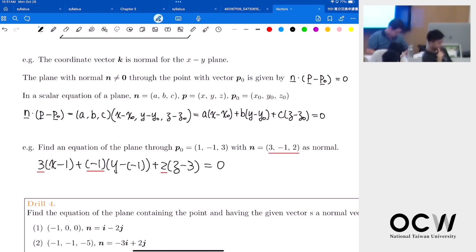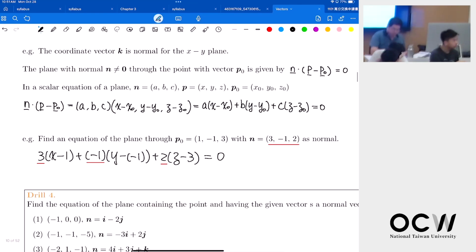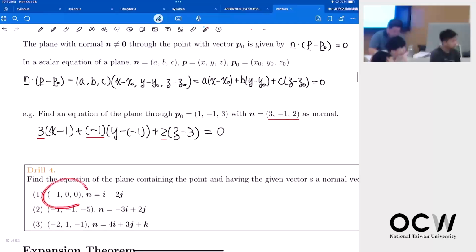Okay. Any questions for this one? And then you can do it at home. So given a point and a normal vector, try to find the equation of the plane.